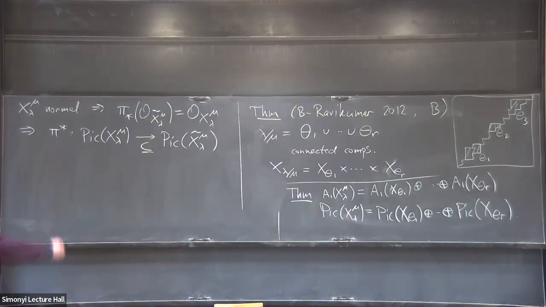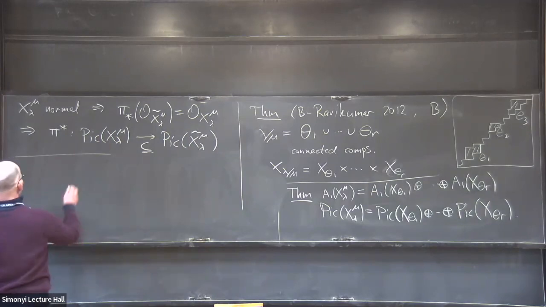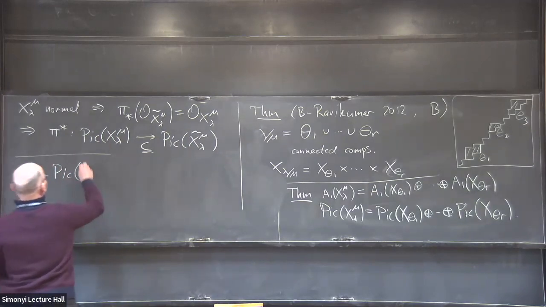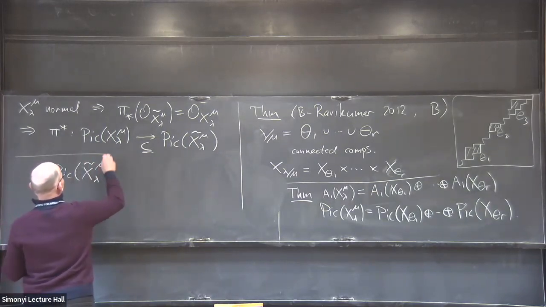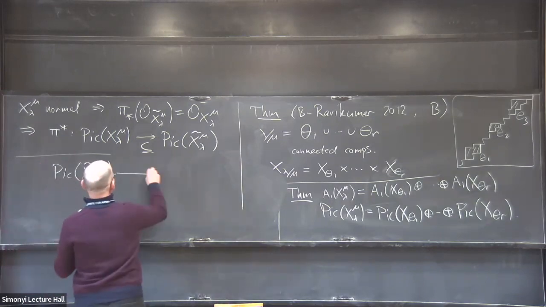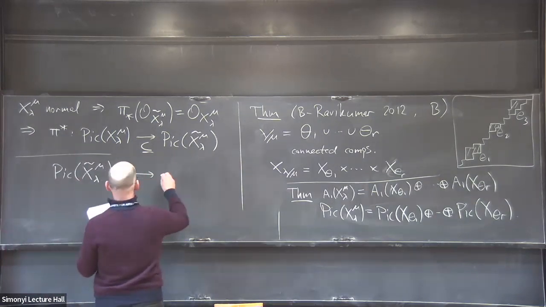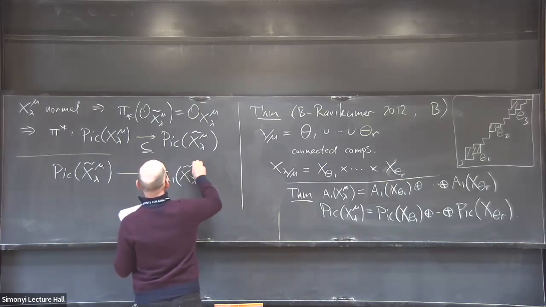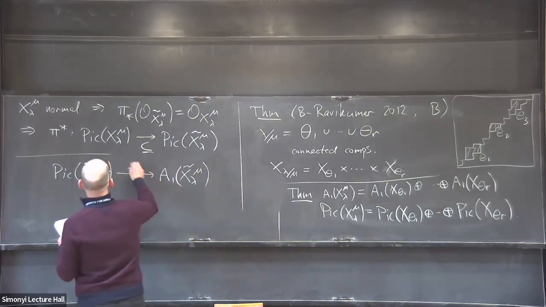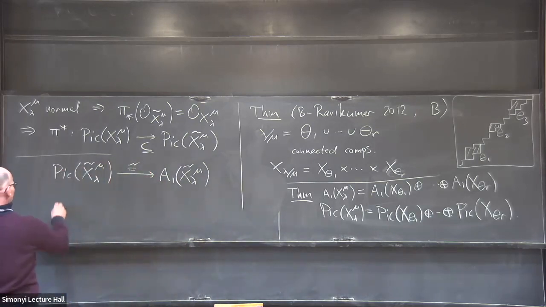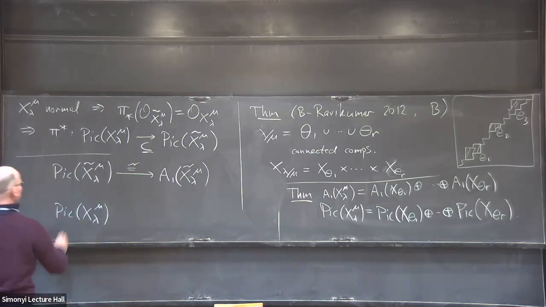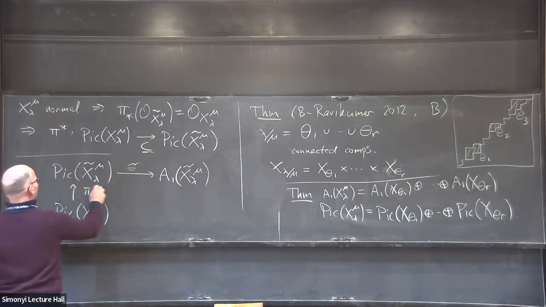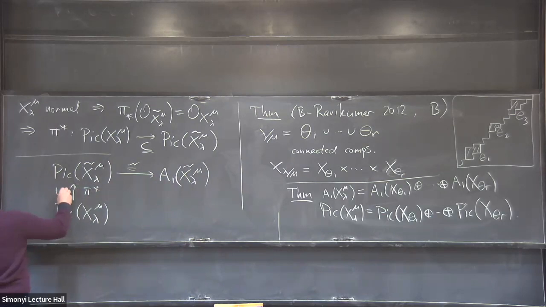And then we have a nice commutative diagram. We have the map from the Picard group to the first Chow group of the resolution, and this is an isomorphism. And we have the Picard group of the Richardson variety here, pulled back by pi, and this one was injective.